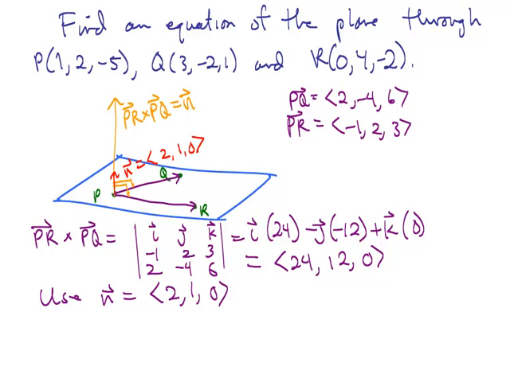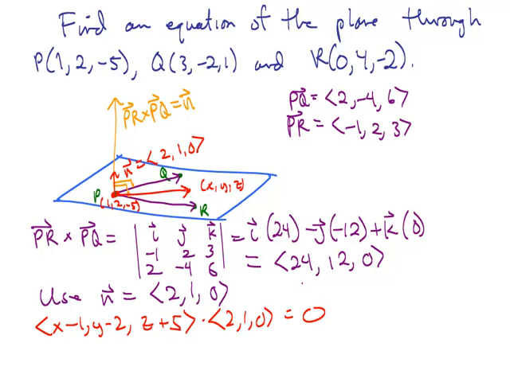I guess I'll just use P as my point. What's this point here? (1, 2, -5). So form another vector from P to (x, y, z). So I've got x minus 1, y minus 2, z minus a negative 5 or z plus 5, dotted with (2, 1, 0). That has to be equal to 0.